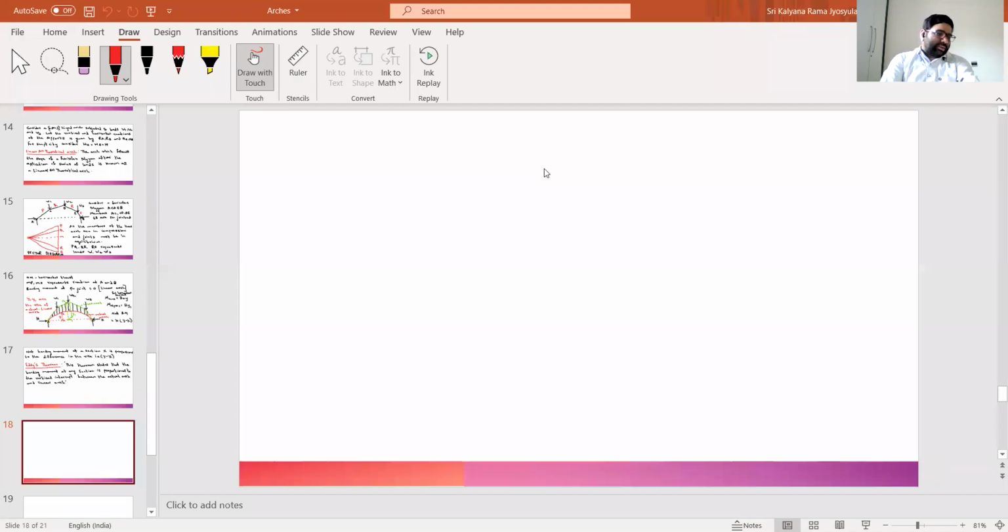So in today's class, let us start learning analysis of three hinged arches.